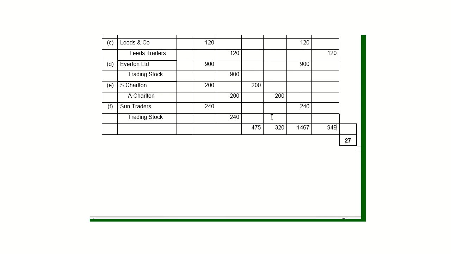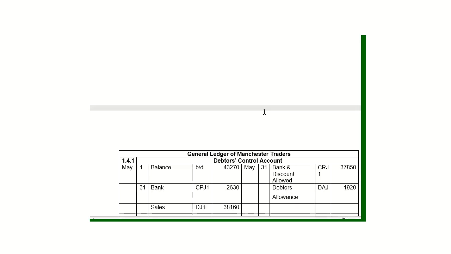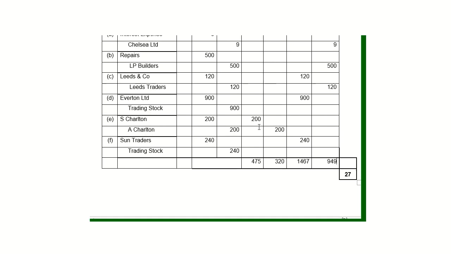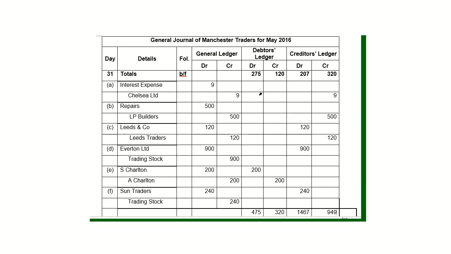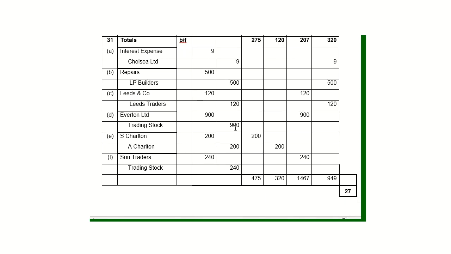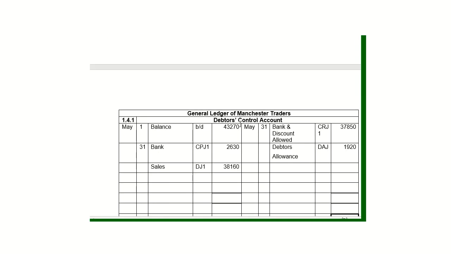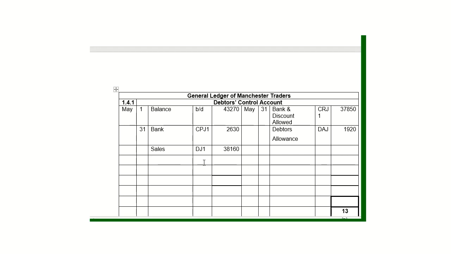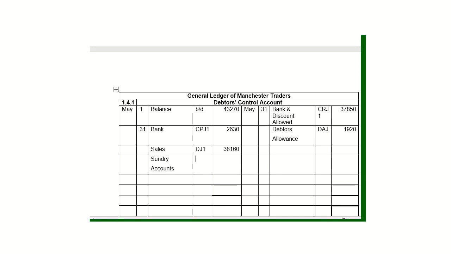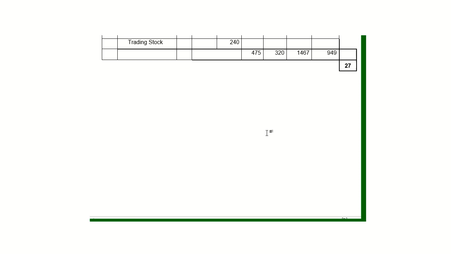So on the debit side of debtors control, I'm going to put through the debit, the total of the column. But this is made up of different entries, so the opposite account can be anything. I'm not going to list everything. I'm simply going to put in there sundry accounts because it's a total of various different accounts. And that is the general journal and the total of the column, which was 475.